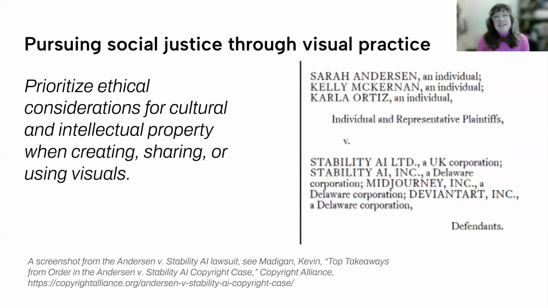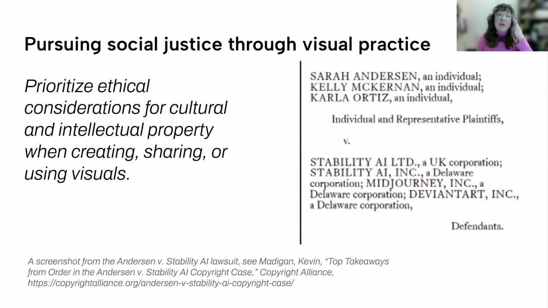However, I think you can still make clear connections between generative AI and a disposition such as this one. Visual literacy learners prioritize ethical considerations for cultural and intellectual property when creating, sharing, or using visuals. So you may be aware there are many ethical concerns about using generative AI to create visuals, concerns related to cultural and intellectual property.